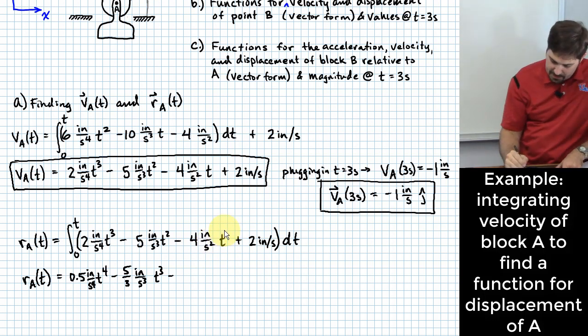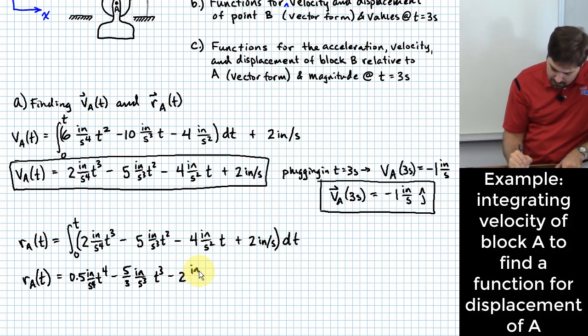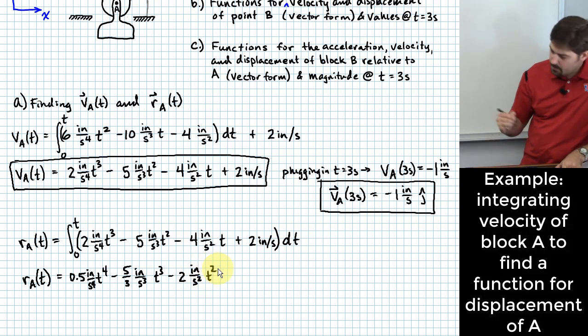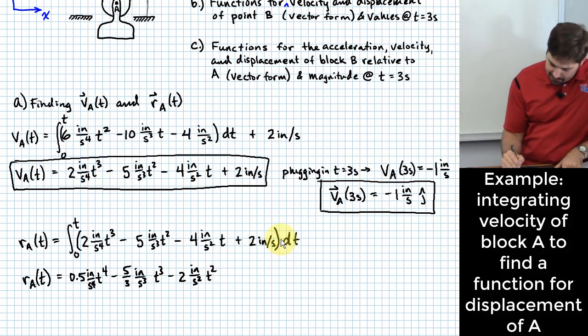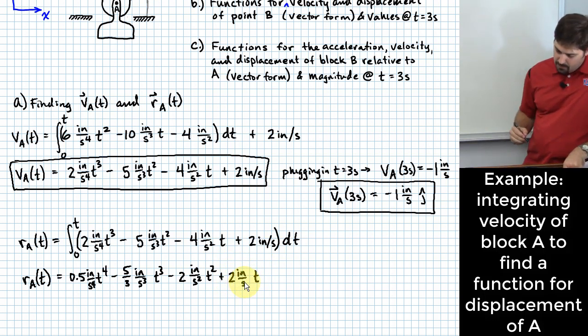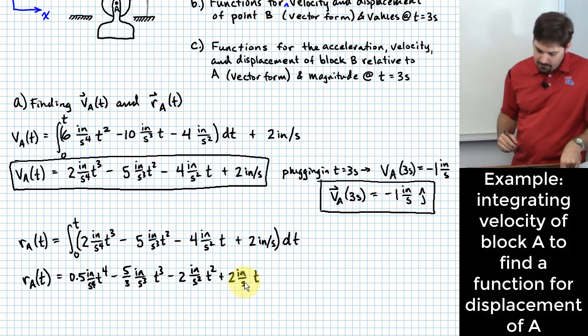Again, I increase that exponent, which gives me 2. 4 divided by 2 is 2. Lastly, I have t to the 0 as the original power of the t in this 2 inches per second. So I increase that by 1 and I get t. Divide by the new exponent. And that's what I've got there.